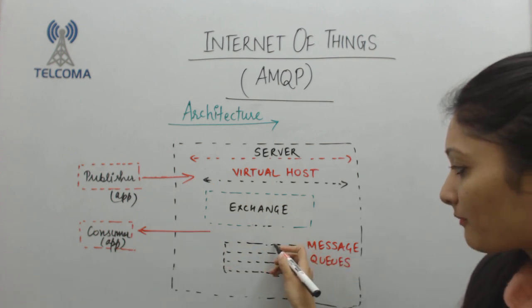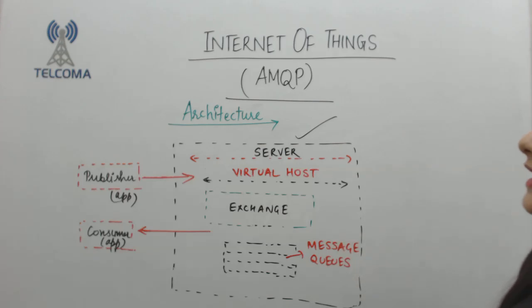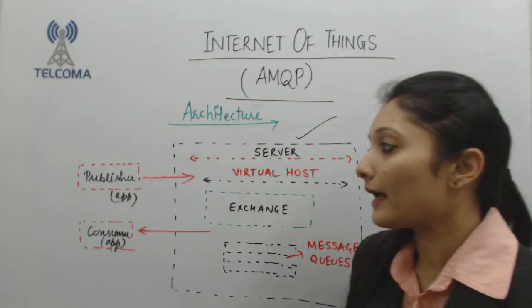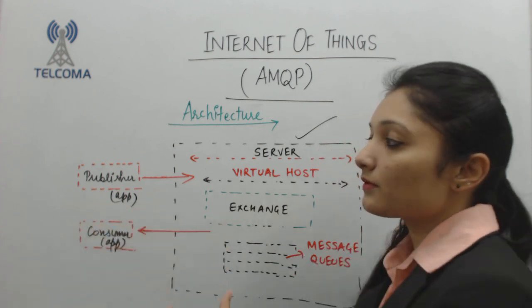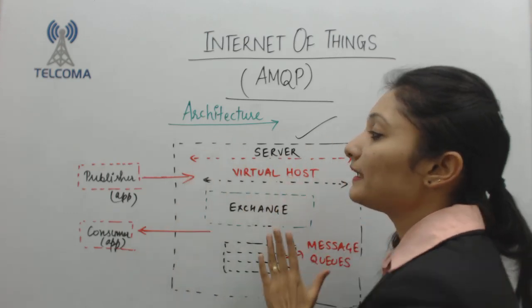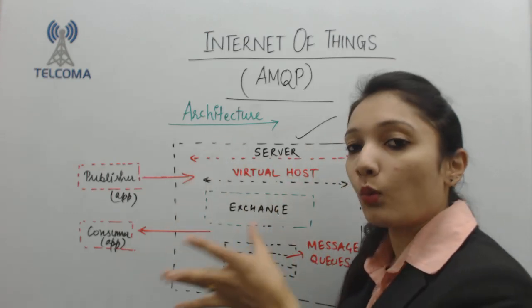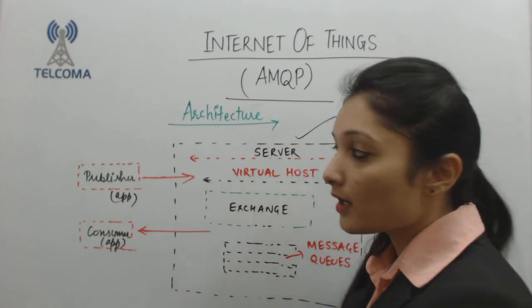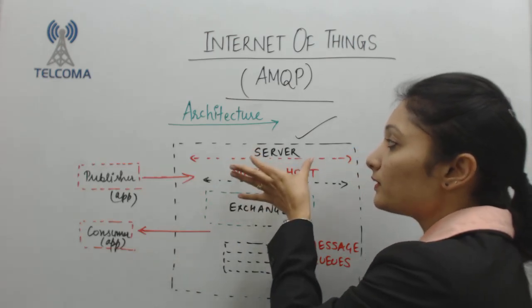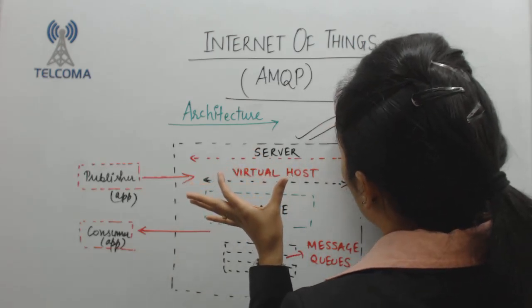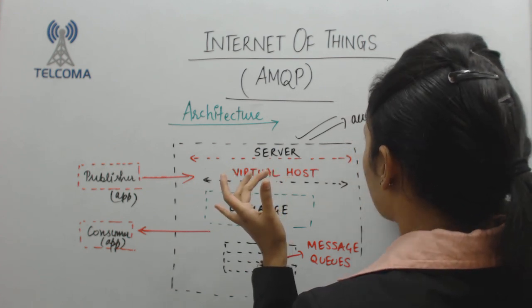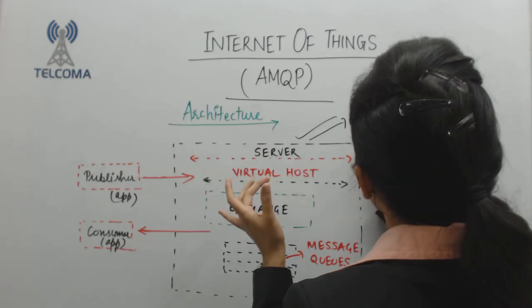Now, first of all, I have my server here. Server here is a process which is responsible for accepting the connections from the clients, because server is maintaining the complete system, so it will be acknowledging what are the various requests made by the client. So it is responsible for accepting the client connections.